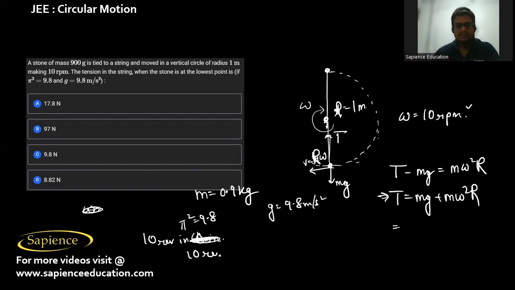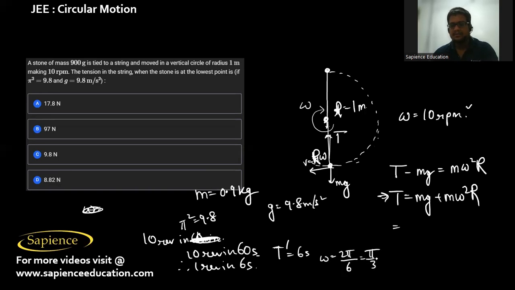So 1 revolution in 6 seconds. So the time period of revolution is 6 seconds. So omega will be equal to 2 pi by T, 2 pi by 6, which is pi by 3.